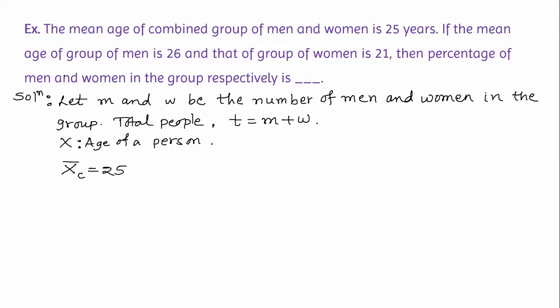If the mean age of the group of men, so this is the arithmetic mean of the ages of men only, is equal to 26. And that of the group of women, the arithmetic mean of the ages of women, is equal to 21. Then the percentage of men to women is to be found out.